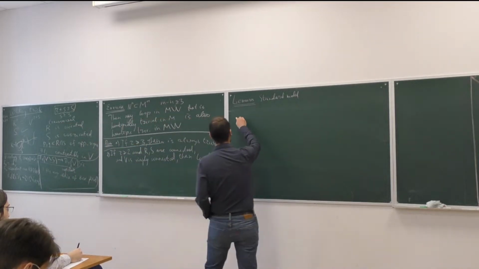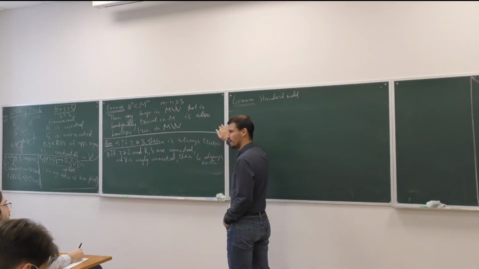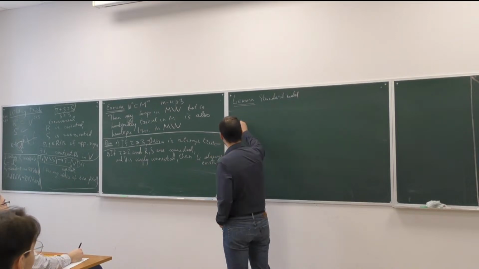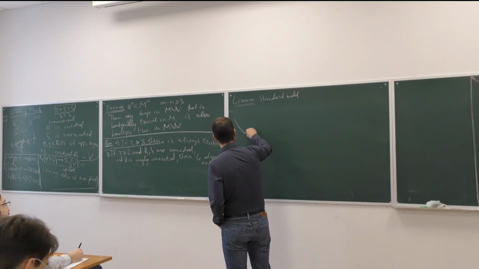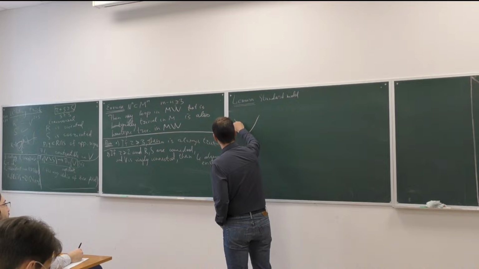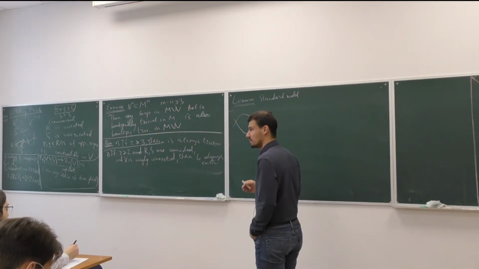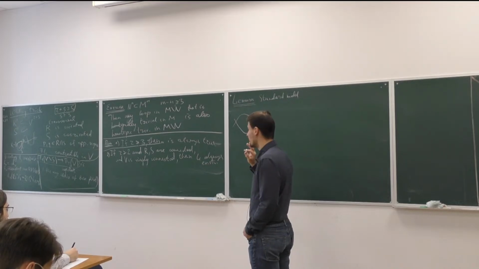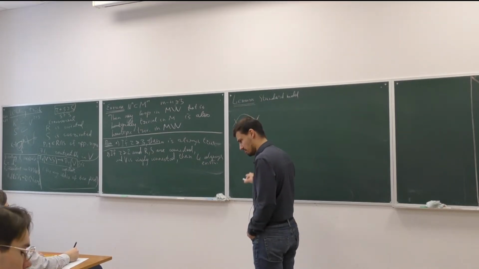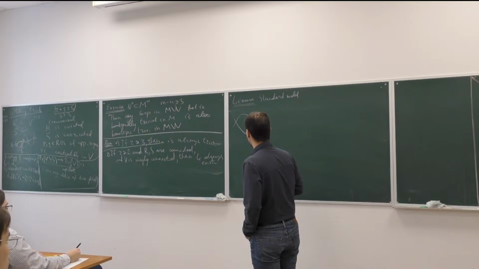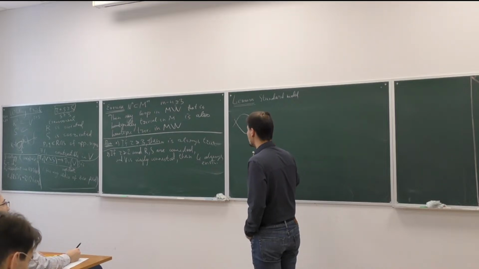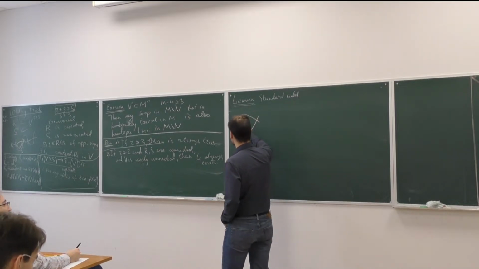Consider in a two-dimensional plane two smooth arcs which intersect transversally.